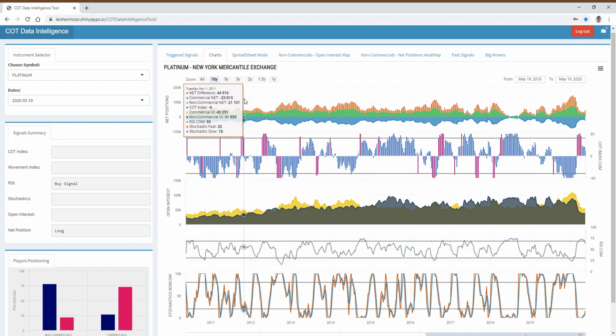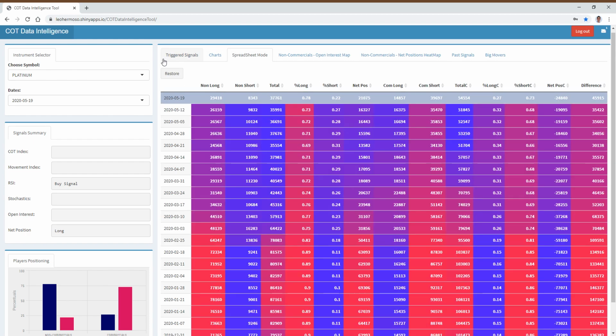So what does this mean? How can we interpret if this is good or not? First thing, we come here to the spreadsheet mode, and one thing that we must always check is the positions of the commercials. Why? Because these guys are the strong link in the chain. They are the ones that rule the market.